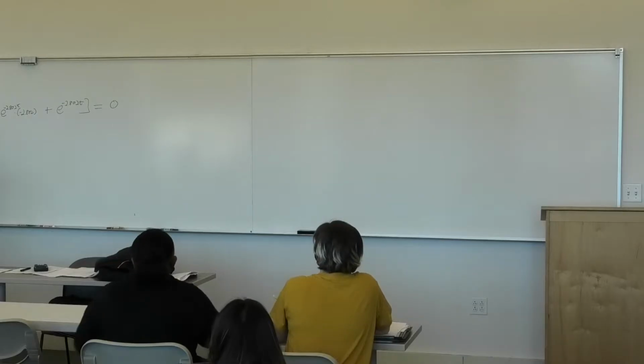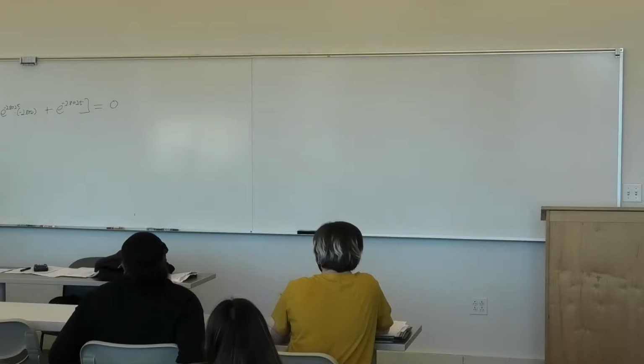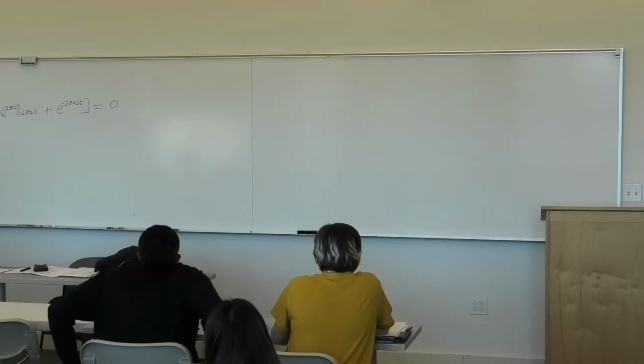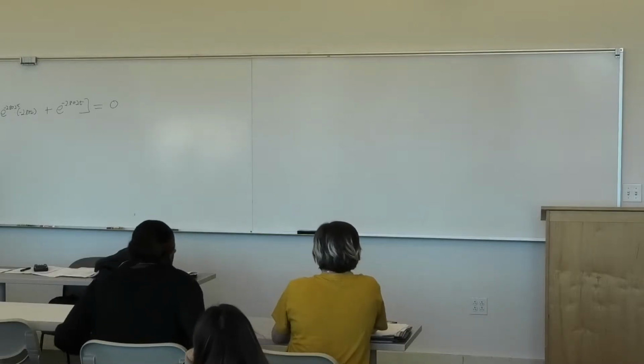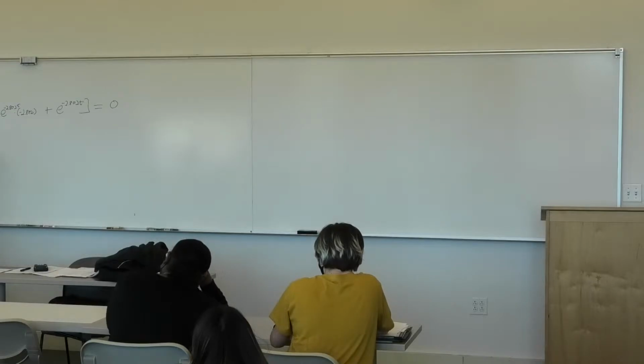So e to the minus 2.802t, what does that look like? That's an exponentially decreasing function. It's never 0. So we can divide it out. Well, we can divide this out too, right?